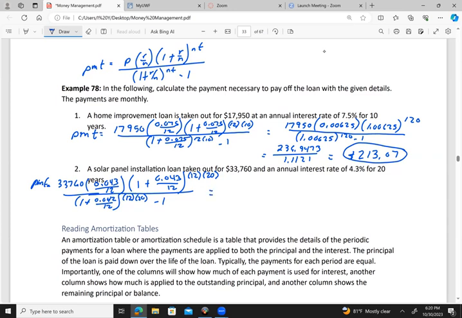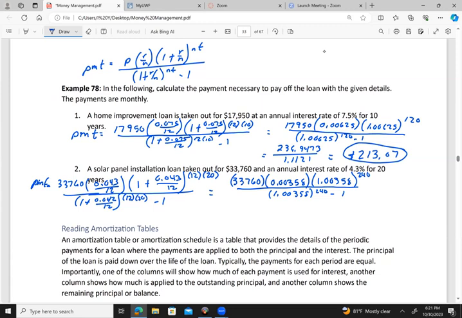So going across the top here, I have 33,760 times 0.00358 times 1.00358 to the 240th power over 1.00358 to the 240th power minus 1.